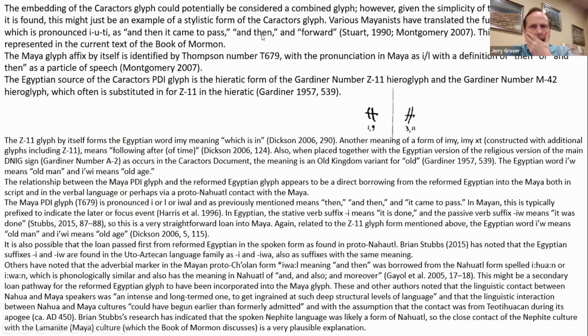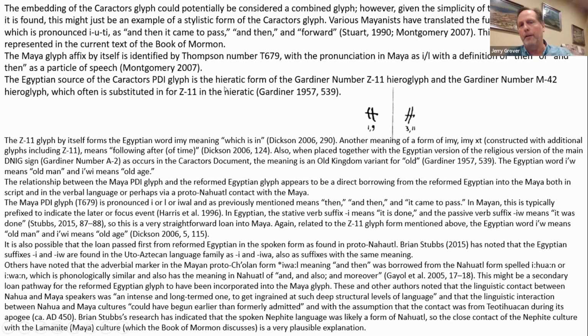So then looking at that glyph, the full PDI glyph is IUT, meaning "and then it came to pass" and then forward. So it's got more than the Reformed Egyptian glyph in there. The Reformed Egyptian glyph is included as the affix I. So it's not like a straight word incorporation. They've incorporated the meaning into their glyph as well, into the Maya glyph.